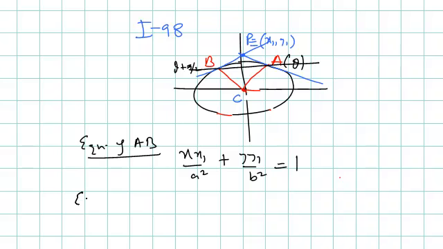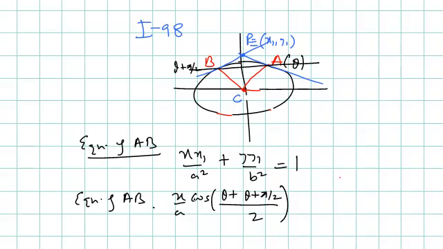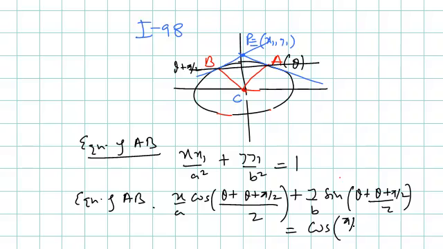Now I can write equation of AB as chord whose eccentric angles of endpoints are theta and theta plus pi by 2. So you know x by a cos of theta plus theta plus pi by 2 divided by 2, plus y by b sin of theta plus theta plus pi by 2 divided by 2, equals cos of the difference of the two angles divided by 2, which is cos pi by 4.